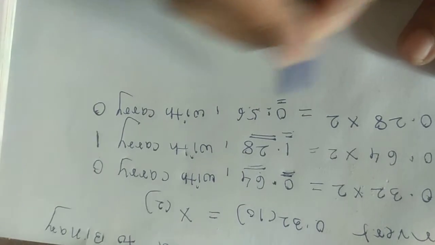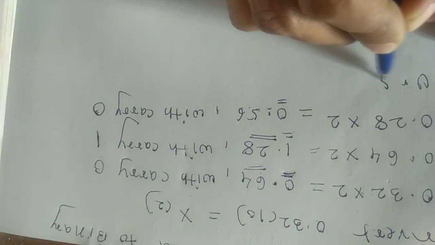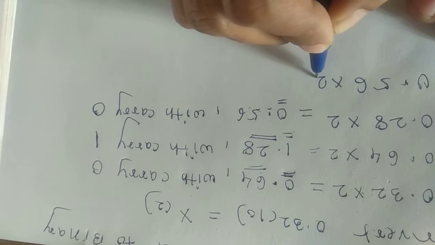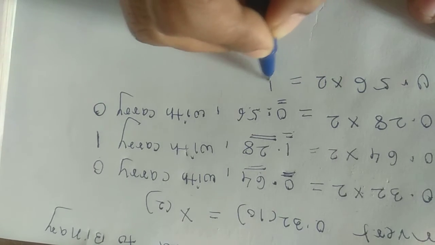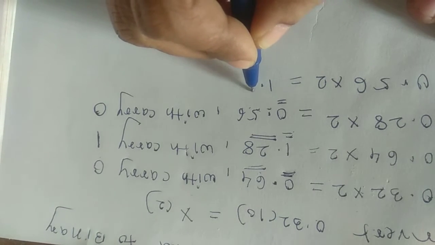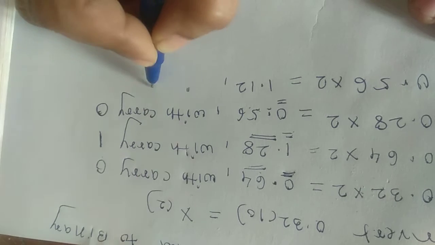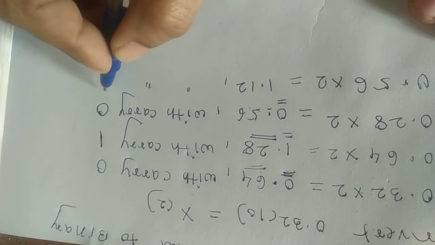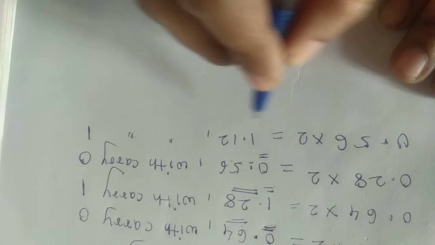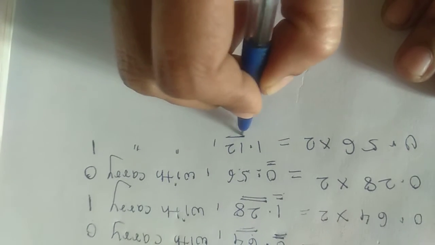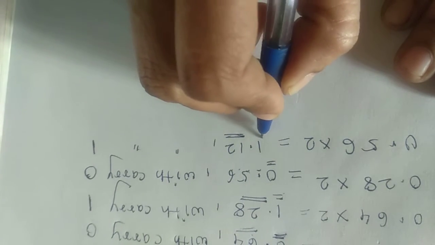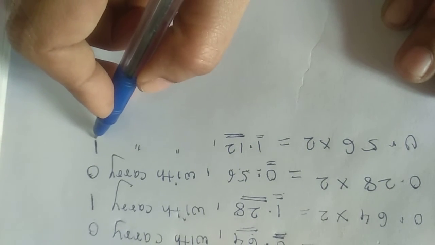Now again take this 0.56. 0.56 into 2 is equal to 1.12, with carry again 1. Now consider again this fractional part; the integer part we have considered as carry.